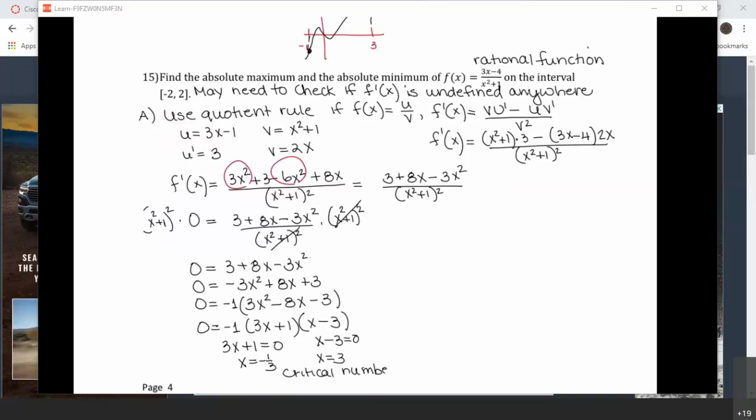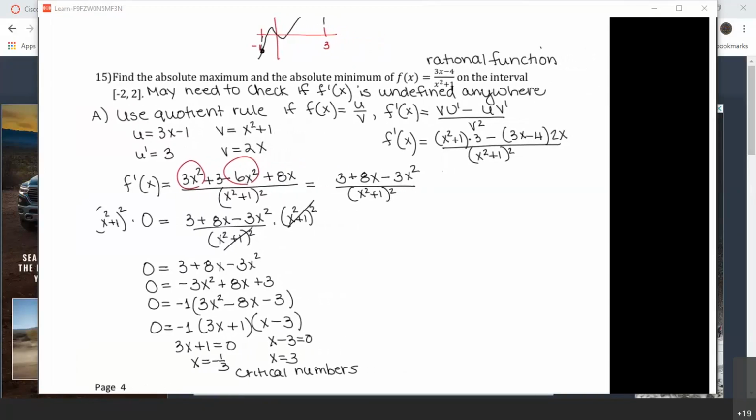But I said I should have checked to see if my derivative was ever undefined. So here's my question. Is this ever undefined for a value of x? Again, it's got a denominator in it. So take a look at the derivative and see if you can answer the question. Is f prime of x ever undefined?